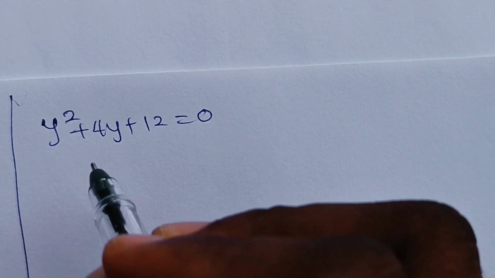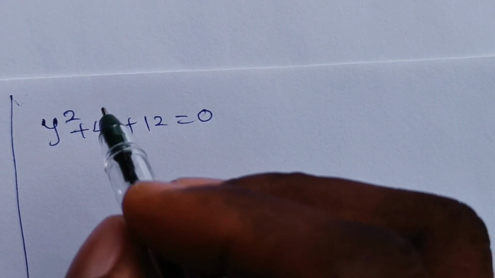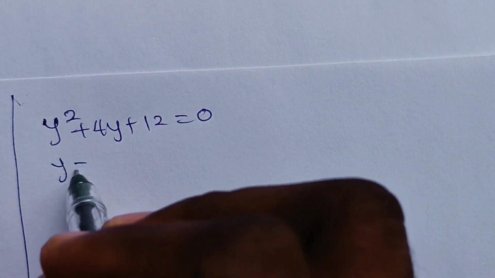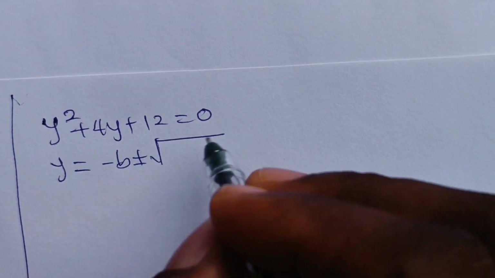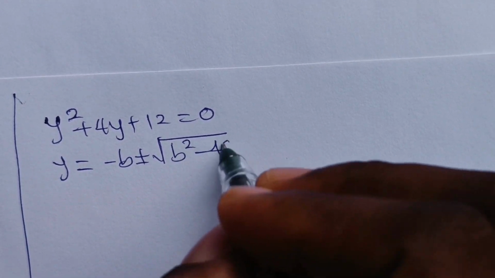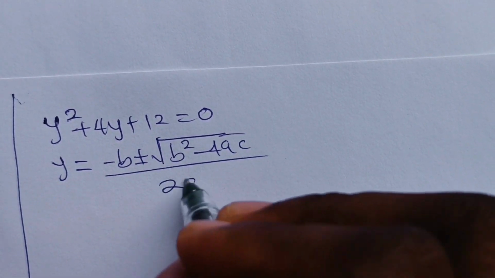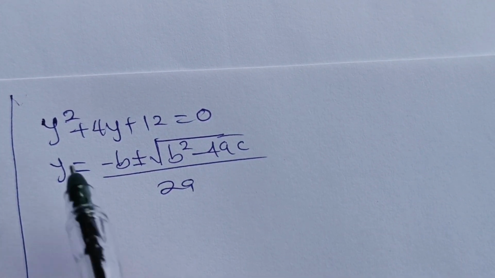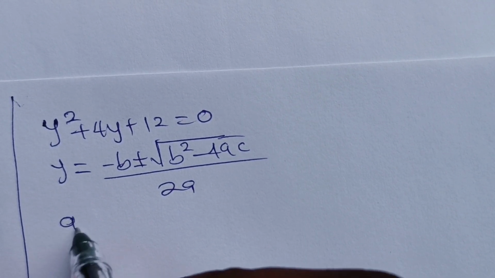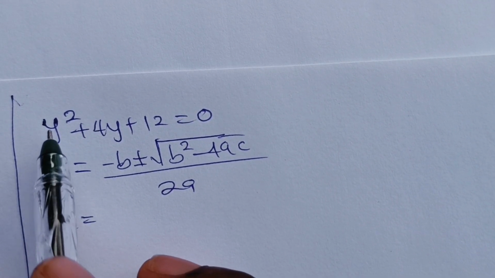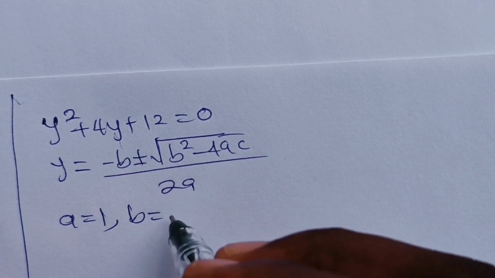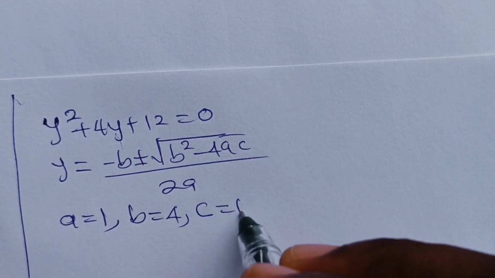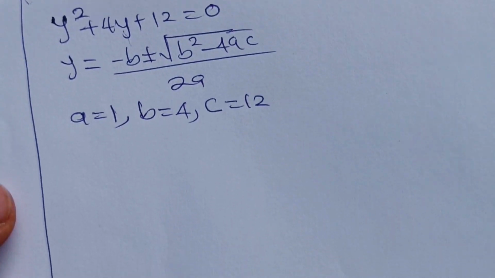Now we are going to make use of the quadratic formula, which states that y will be equal to minus b plus or minus the square root of b squared minus 4ac, everything divided by 2a. Notice that our a is equal to 1, the coefficient of y squared, our b is equal to 4, the coefficient of y, and our c is equal to 12.